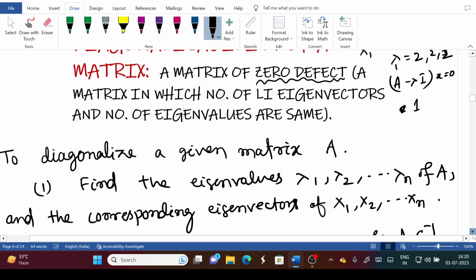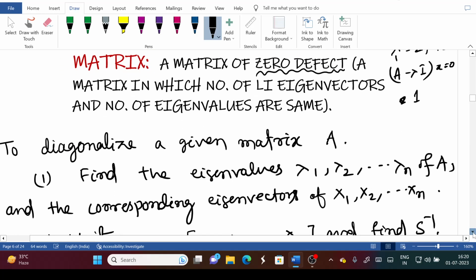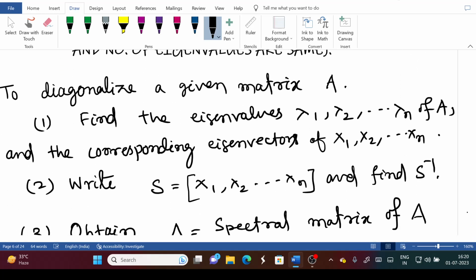Consider a matrix which can be diagonalized. Then how to diagonalize it? Find the eigenvalues and the corresponding eigenvectors of A. If the number of eigenvalues and the number of linearly independent eigenvectors are the same, then we write a matrix S with the eigenvectors as its columns, and we find S inverse.